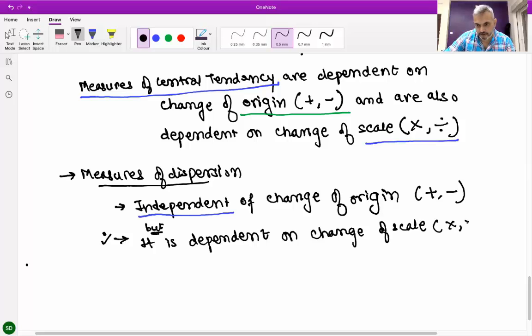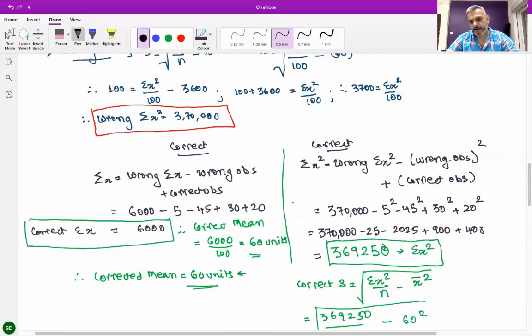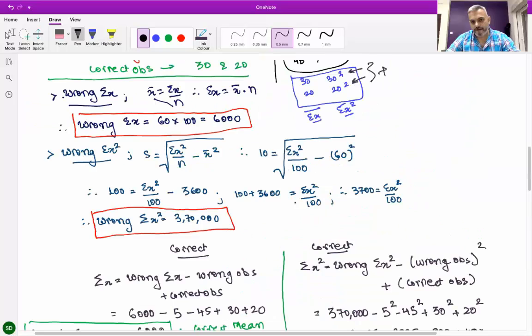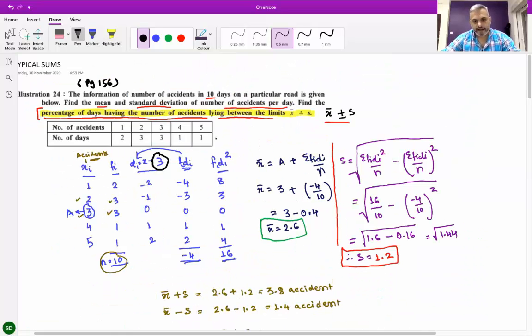Multiply or divide. And that is why when you go for the formula of standard deviation, fi di square upon n minus sigma fi di upon n, if you go for continuous, where you have taken d is equal to x minus a upon c, you will see that here also you multiply it with c.